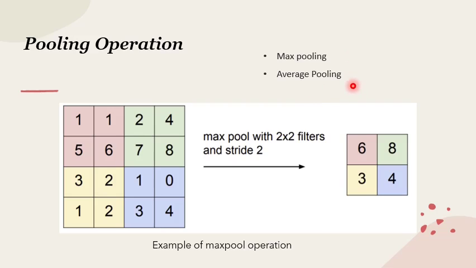As an example, let us elaborate on max pooling. Max pooling throws away the least important features by picking the maximum value of the pooled feature map. For example, for those four features, we select 6, 8, 3, and 4 among these features, so it reduces the sample size of the feature map.